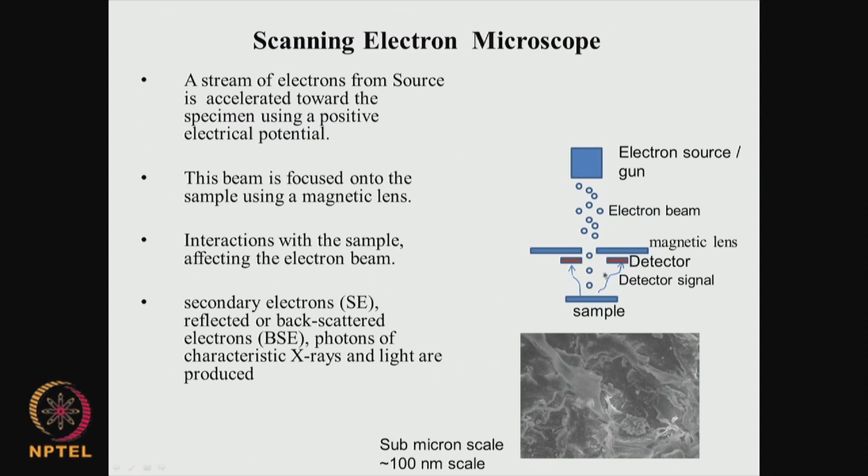Okay. It could be even photons of characteristic X-rays and light. So, here you have a detector, and from the detector you measure it. Okay. So, we have an electron source, a beam is produced, focused, it hits the sample. So, you have backscattering electron, secondary electrons, photons, X-rays, all these are produced, it is detected here.